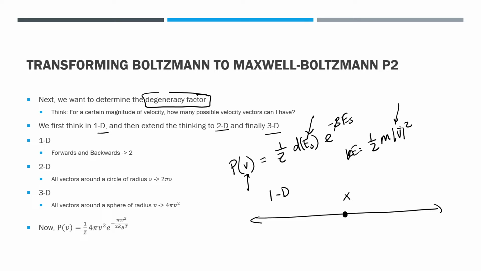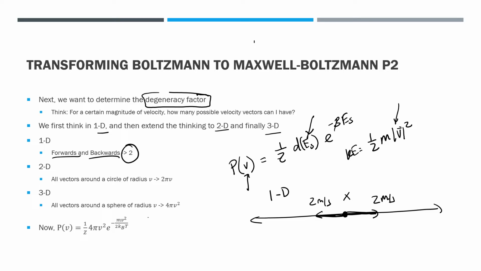With a certain velocity, say 2 meters per second, we can go either 2 meters per second to the right or 2 meters per second to the left. These two will have the same energy of half m times 2 squared. So there's two degeneracies. We can either go to the left or the right, or forwards or backwards. So we have two degeneracies.